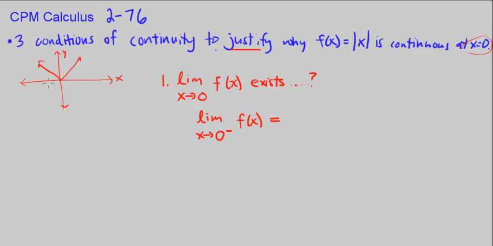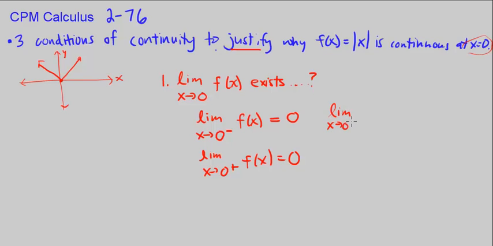As we approach x equals 0 from the left, we're on the graph and we're going down, down, down, down, and we reach 0, right? The limit as x approaches 0 from the right is what? From the right side, we're going down, down, down, down, down. We also reach 0.